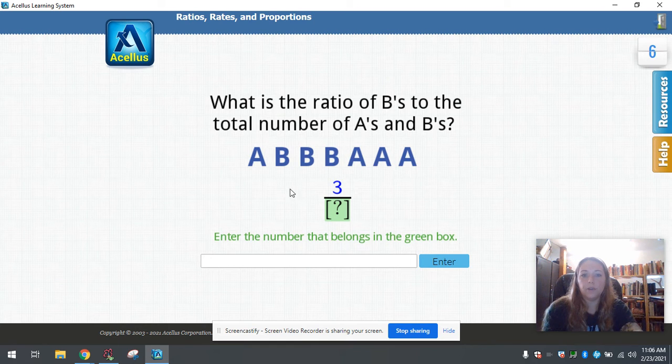And then for our denominator, the total number of a's and b's we have is 1, 2, 3, 4, 5, 6, 7. So out of my 7 letters, 3 of them are b's. So 3/7 of my letter group is b's. That's the ratio of b's to a's.